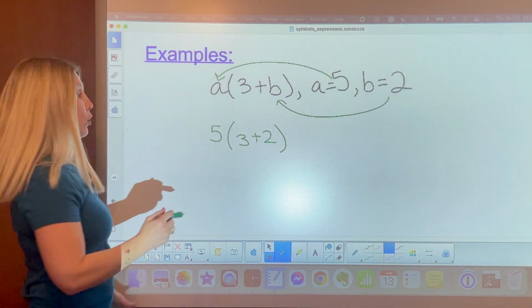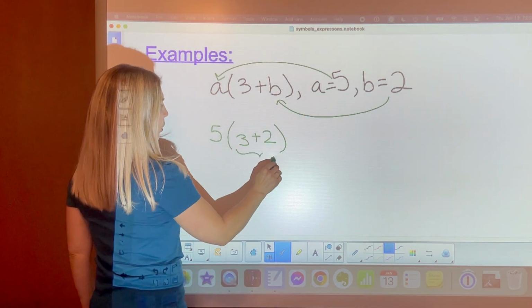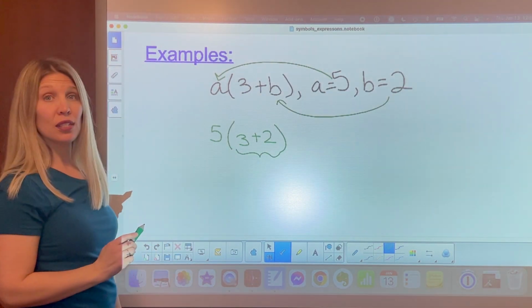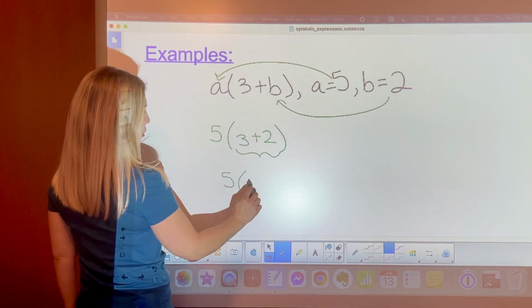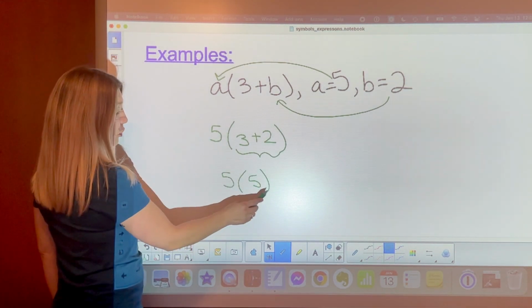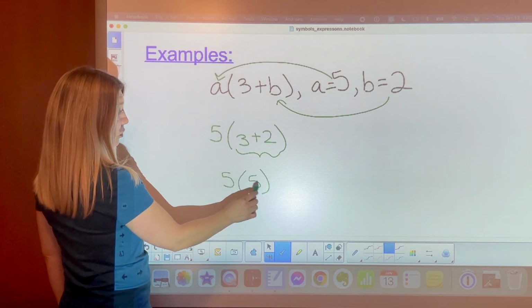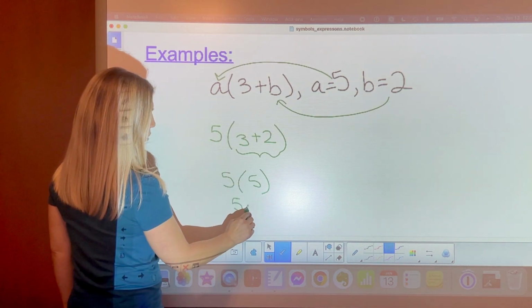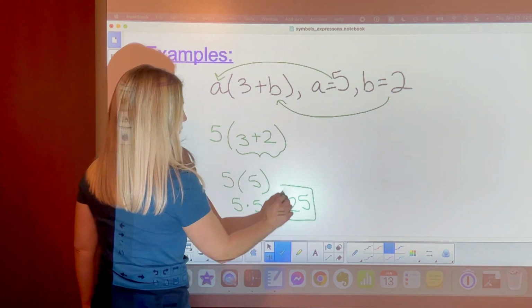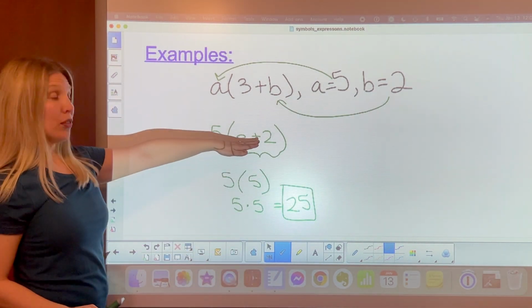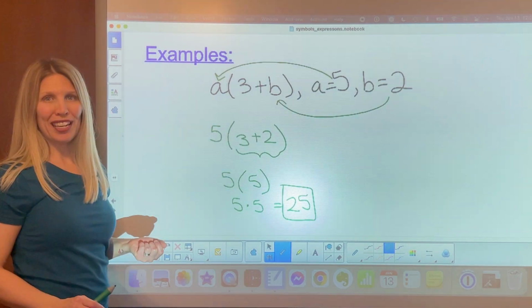Now you have to remember for grouping, we must do the piece inside the parentheses first. So 3 plus 2 is 5. And if you're not sure, 5 parentheses 5 just means multiplication. So 5 times 5, which is 25. So here we did the parentheses first, and then we did the multiplication.